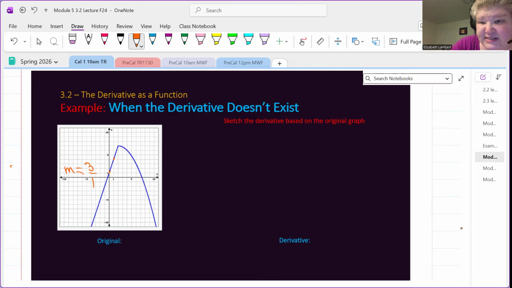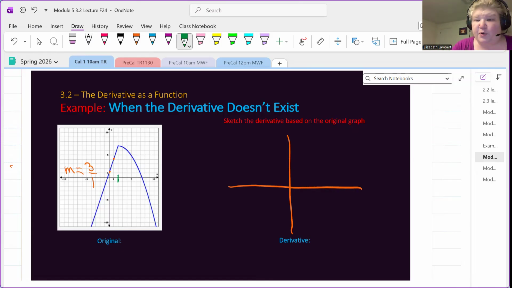So if I'm going to sketch this graph, now forgive me because sketching on black is a little weird to me. And then we look at our cusp point. That cusp point is at 2. So let's go ahead and mark 2 on our graph. And it looks like all of the numbers before 2, everywhere to the left of 2, the entire graph is that diagonal line of slope 3.